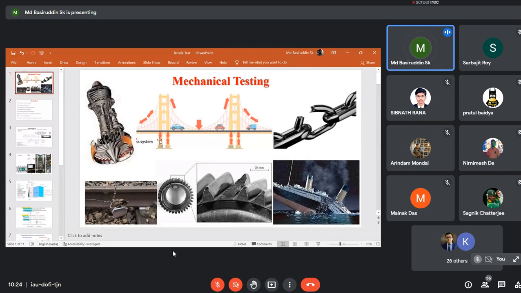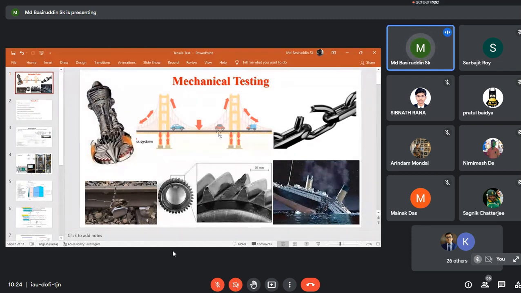Compressive load. And in certain places you will find that tensile load is also available, right? Now, what happens at the center of this particular bridge? Bending load. So here you can see that it experiences a bending moment or bending load.